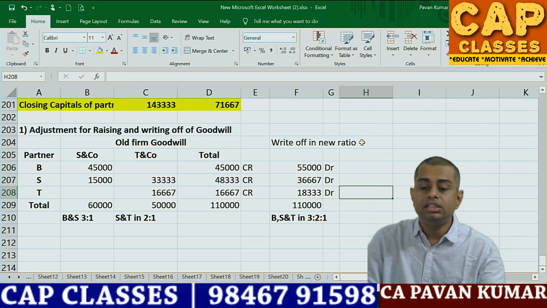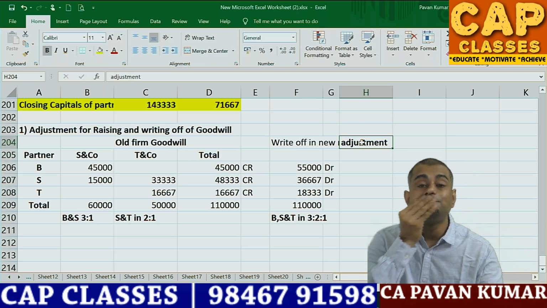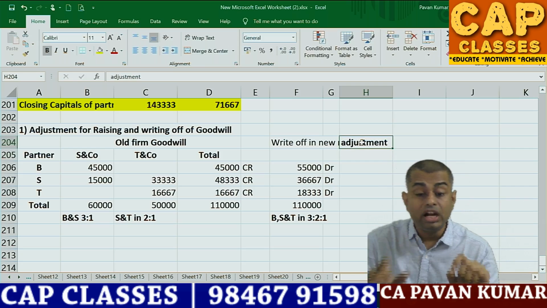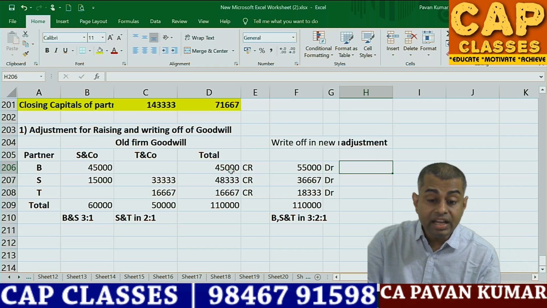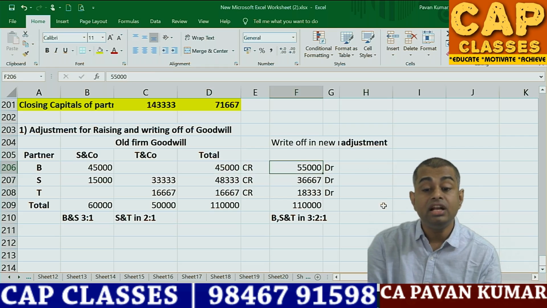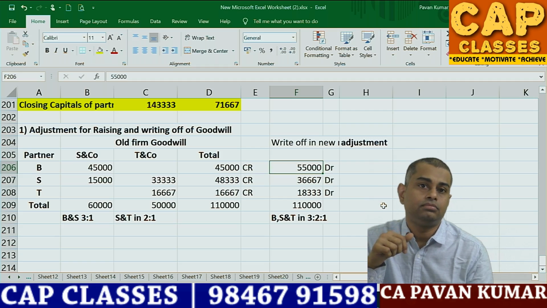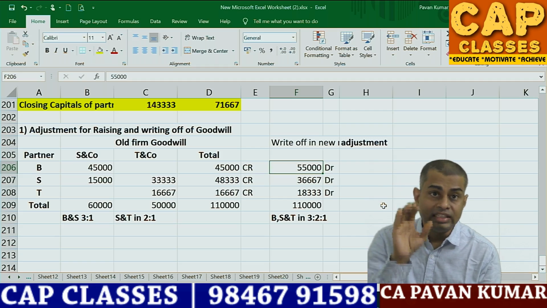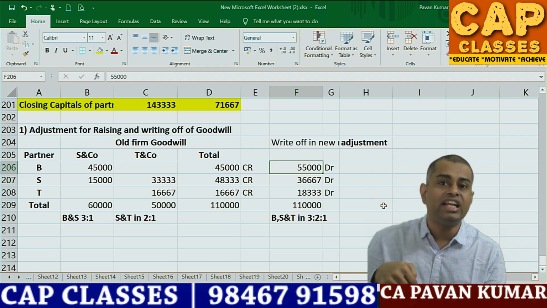So adjustment. What is the adjustment? Now try to understand what it is. Okay, B has 45,000 goodwill in the old firm, but B will enjoy 55,000 goodwill in the new firm. So that means if at all cash he is bringing, he has to bring extra 10,000 cash.